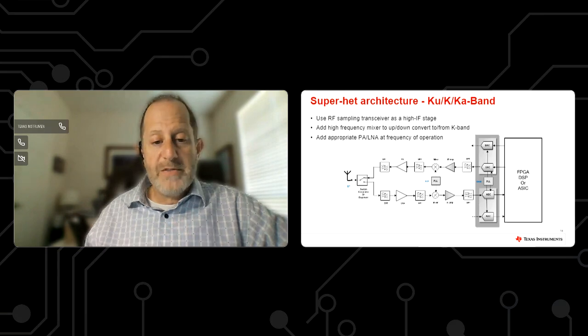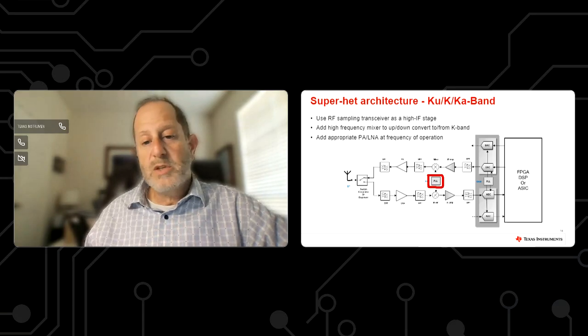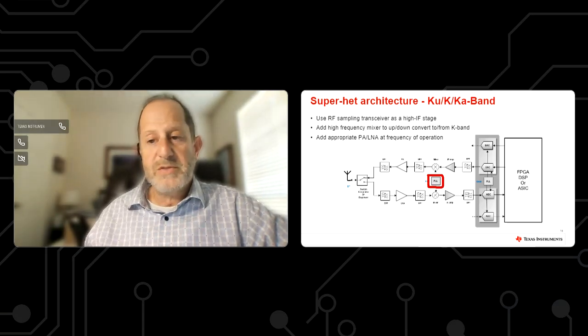The other advantage of going with a very high IF frequency is it relaxes the frequency requirement for our LO source. So now this doesn't have to be quite as high frequency as it might otherwise be. And that gives us more flexibility in using some parts that are pushing up into the 15 to 20 gigahertz range to still be applicable for K-band frequencies, up to 28 or maybe 30 gigahertz.